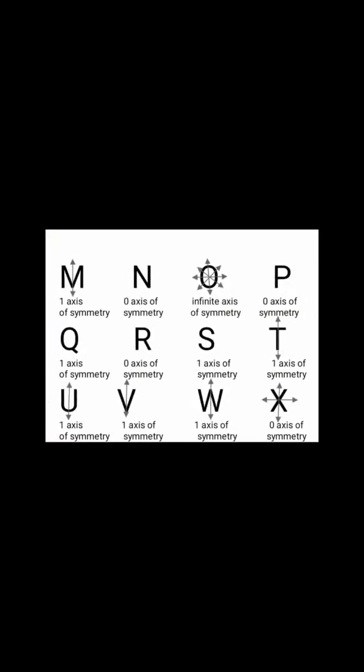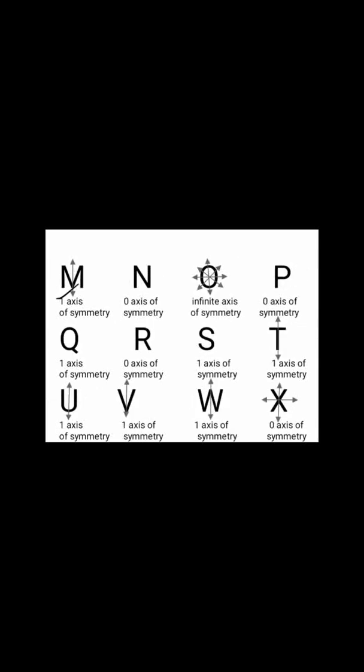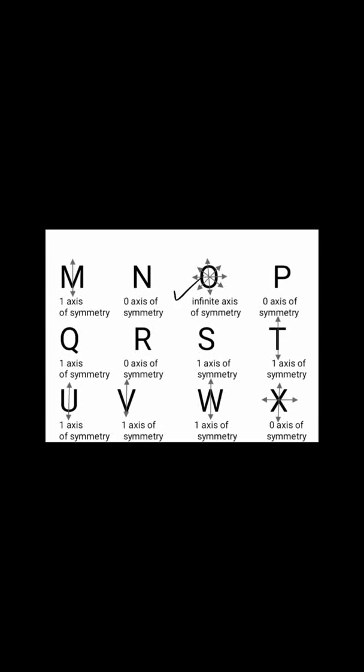I have already written alphabet letters from A to Z. Alphabet letters A, B, C, D, E, H, I, K, M, O, T, U, V, W, X, Y, Z have an axis of symmetry. Alphabets having more than one axis of symmetry are H, I, O and X.